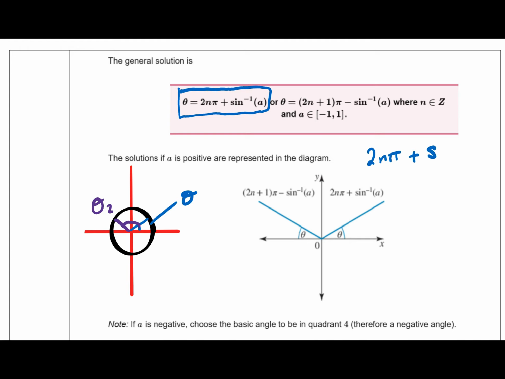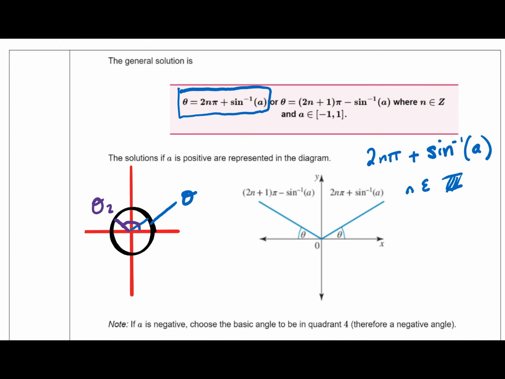So remember that was, in our case, the arc sine of a half, but we'll just call it A. So that's that first one. It's simple enough. We get our first answer read directly from the table, and then we just add 2n pi. Now what is n? Well, n is an element of z.